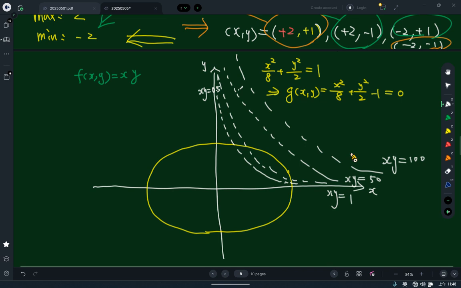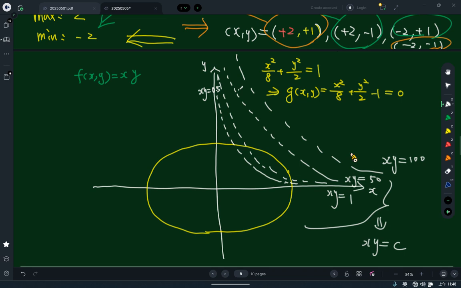Okay, so we know all these curves are about SY equal to c. So if SY equal to 100, as S increases, Y's value will decrease. If S value is decreasing, Y value will be increasing, right?